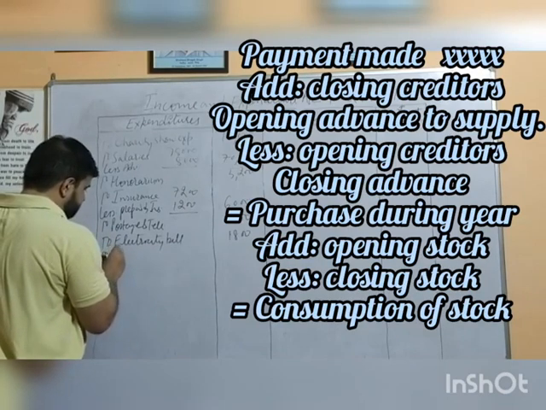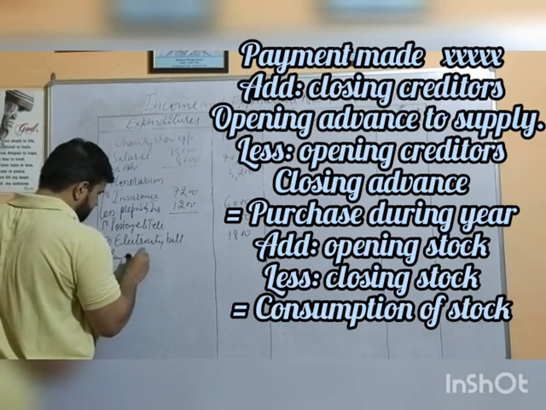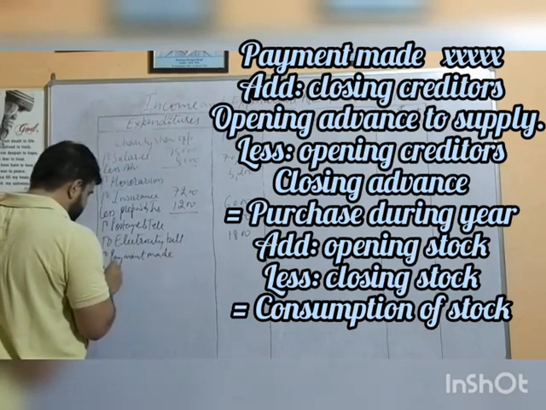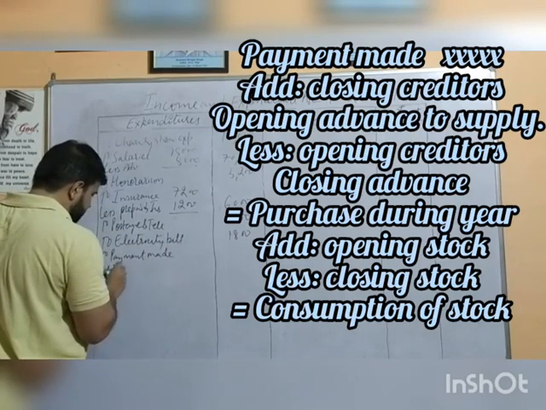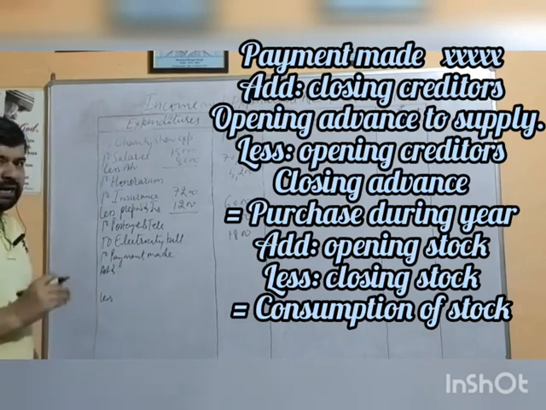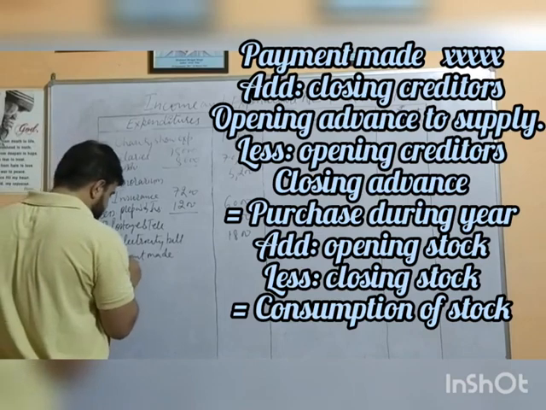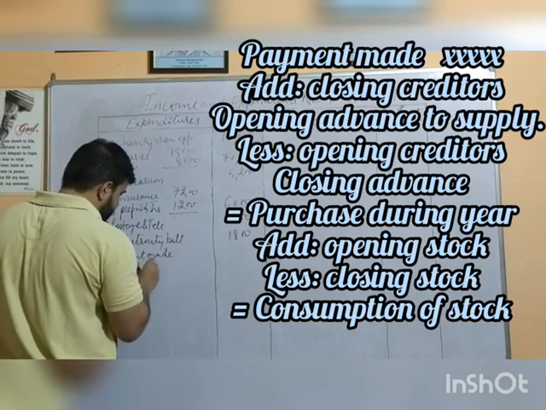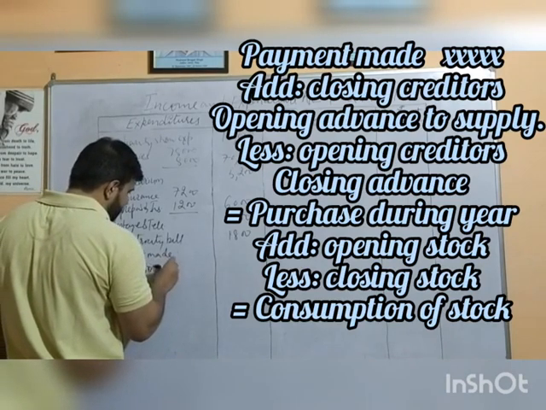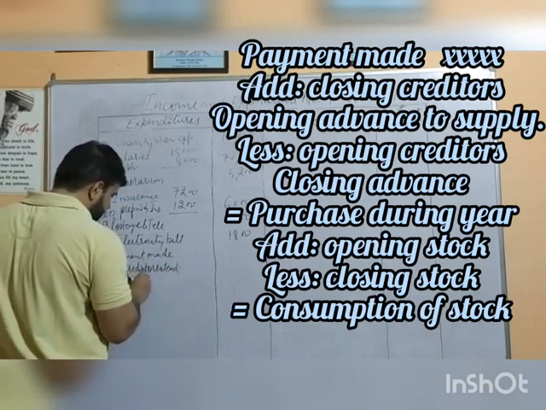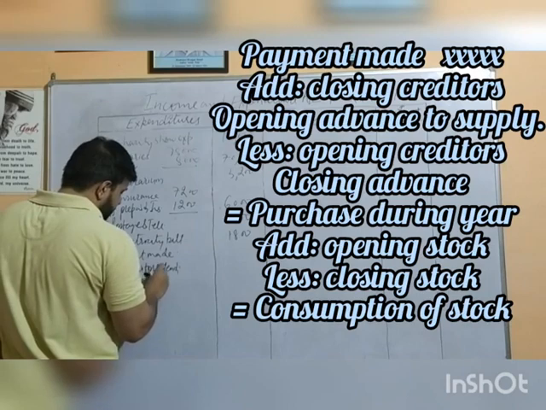You will write payment made here, then what you are to add and what you are to less. You are to add creditors at the end of current financial year. If they are given in the question, creditors at end of current year and advance made during previous year.